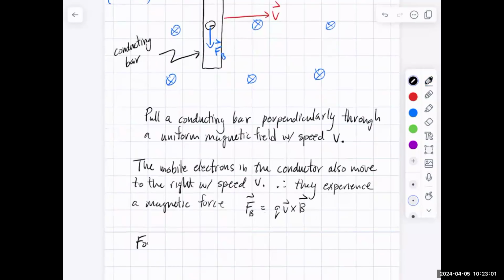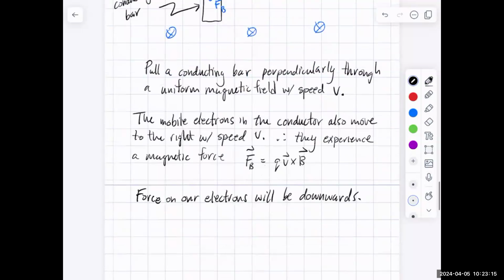The force on our electrons will be downwards. And the magnitude of the force is going to be q v B times the sine of the angle between the velocity and the magnetic field.